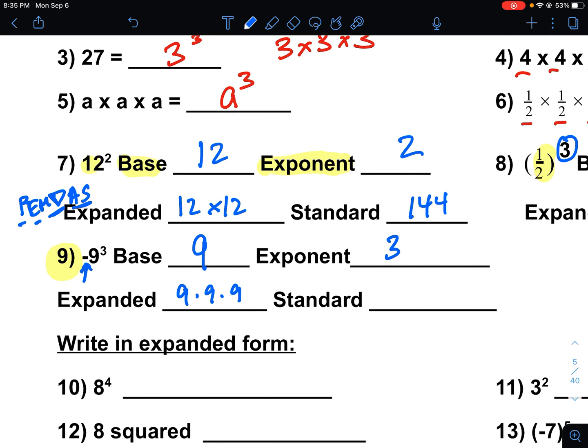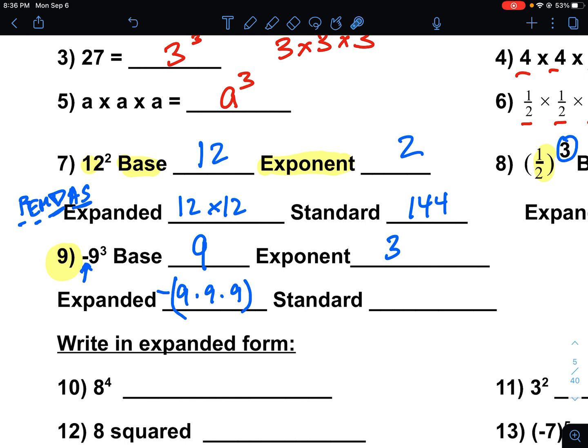Technically, this is a negative being applied or multiplied to the 9 afterward, and we do the exponents before we do that negative multiplication, if you want to think of it that way. So you have to do the exponent first. So it's actually 9 times 9 times 9, and then you would do the negative afterwards. So expanded form, a better way to think of it is negative, 9 times 9 times 9. You do all of this first, and then you apply the negative afterward.